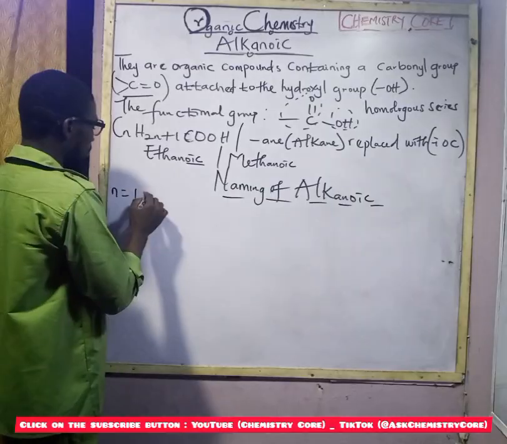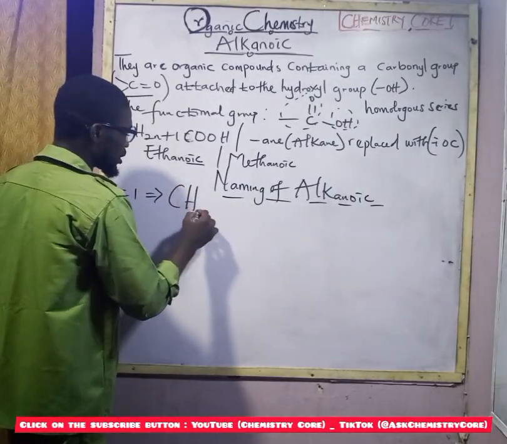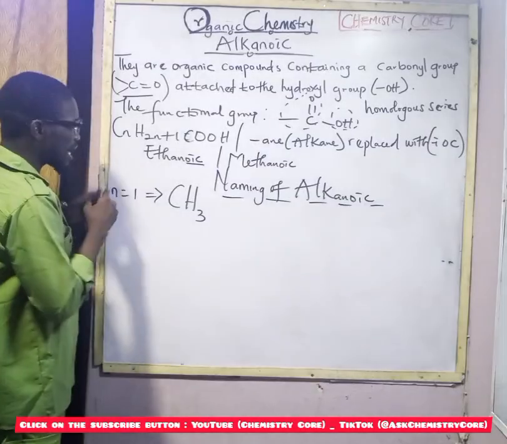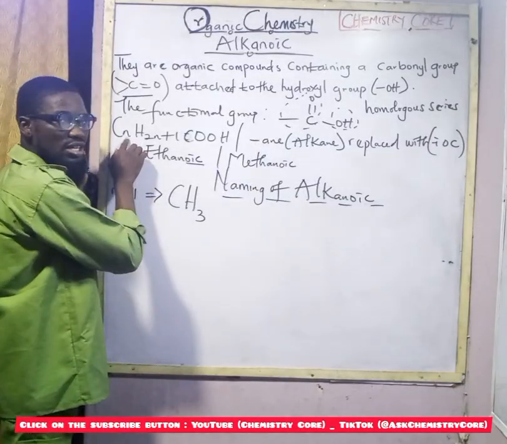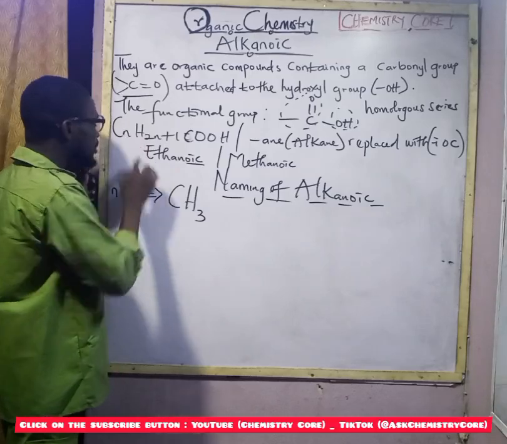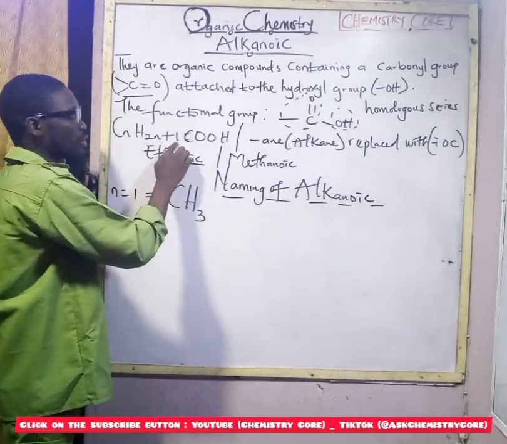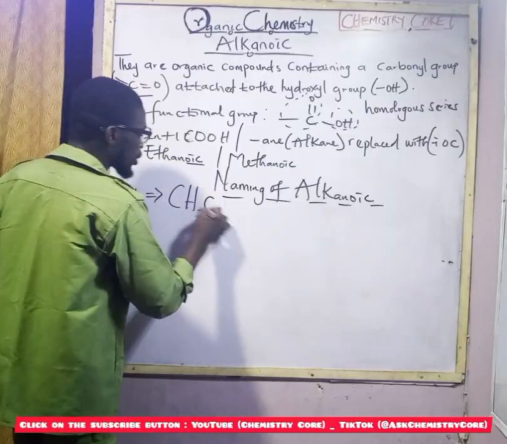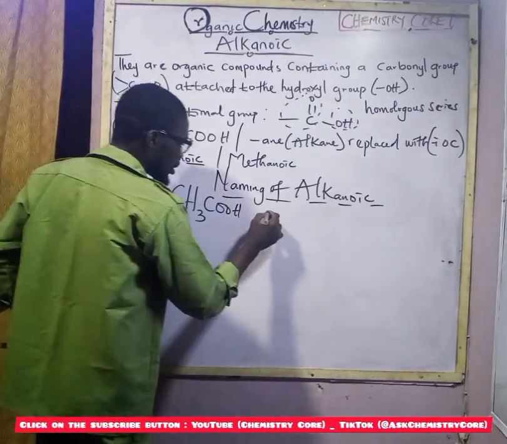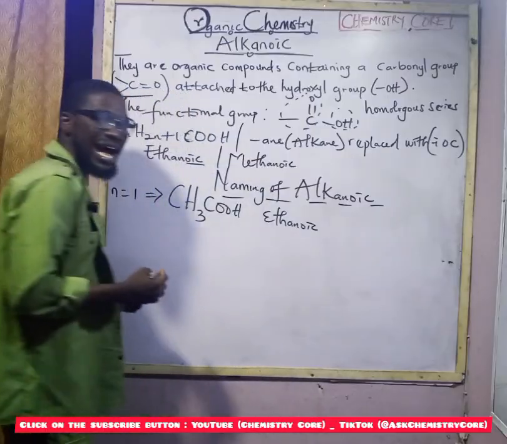Using this particular formula, we can say we have CH3, because if we are to put this n into this formula, the n here will be replaced with 1, and 2 times 1 is what? 2. Plus 1, we have what? 3. So the functional group is what? This. So this is called ethanoic acid.